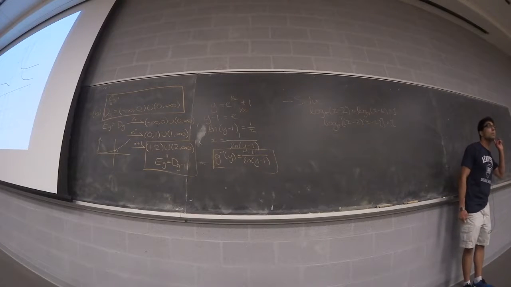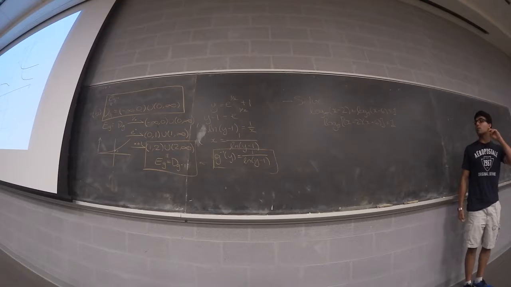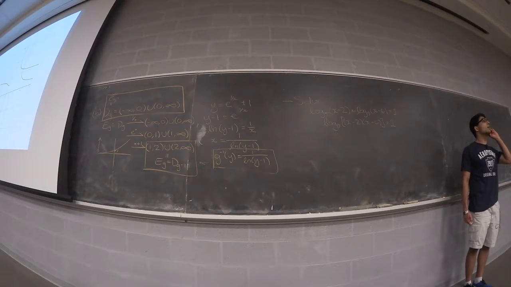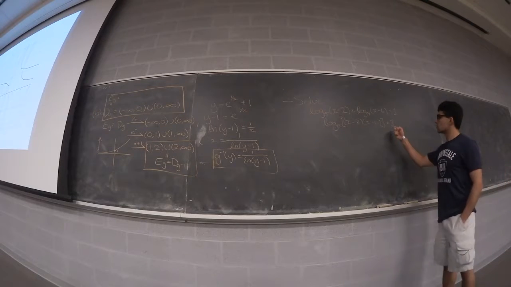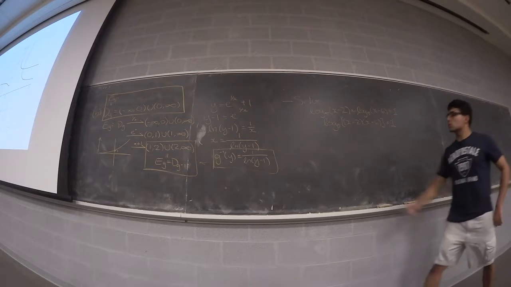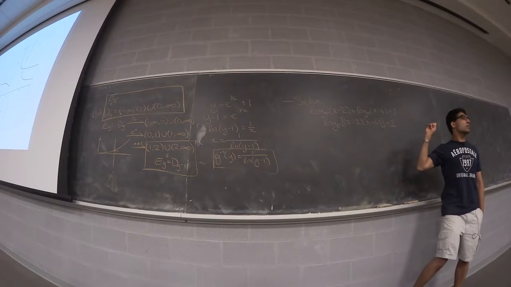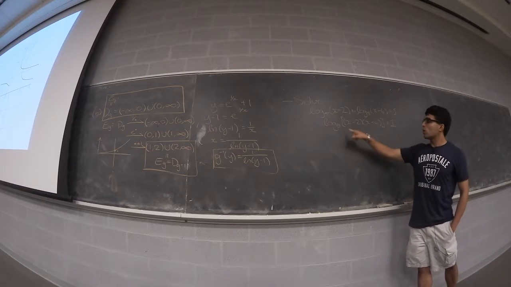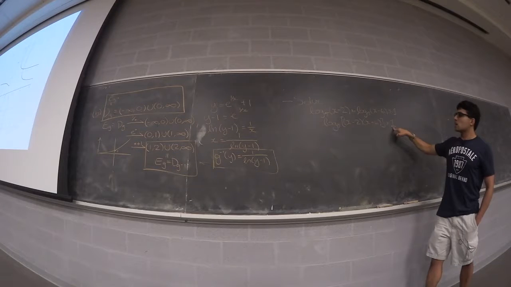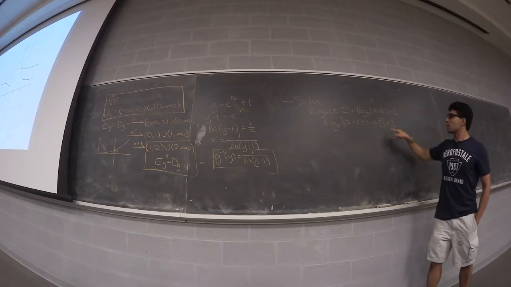So log base 5 of this equals 1. Yeah, this is log base 5 of 5. Or just go 5 to the this, 5 to the this, and that works too. Or go, if this is the exponent and 5 is the base, then all of this bit is 5 to the 1.